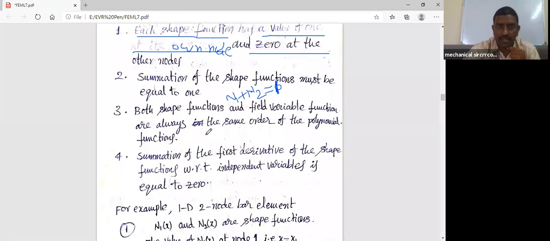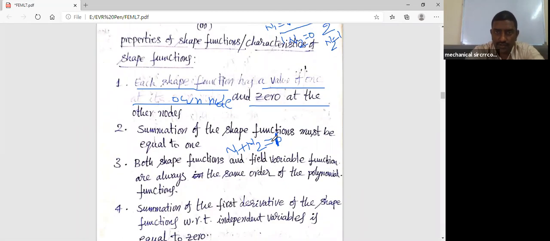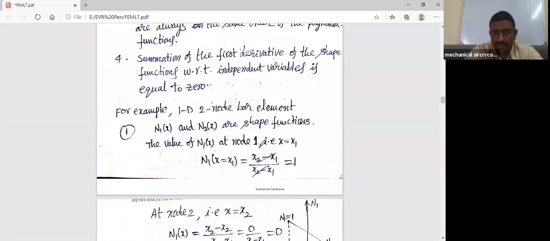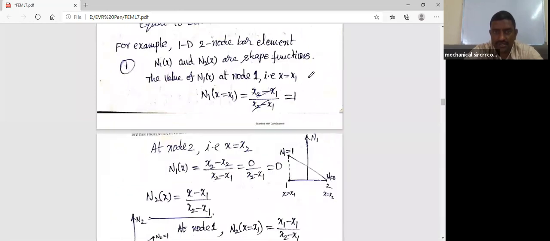The third property is that both shape functions and the field variable function are always of the same order of polynomial. The field variable function u of x, if we take a polynomial function, then the shape functions are also in the same order. For example, if u of x is a linear polynomial function, then shape function N1 is also a linear polynomial function.